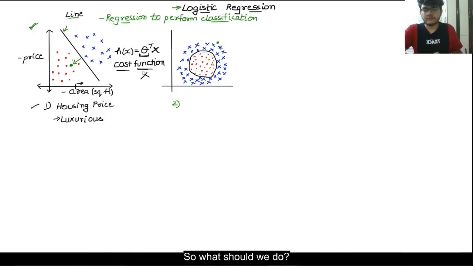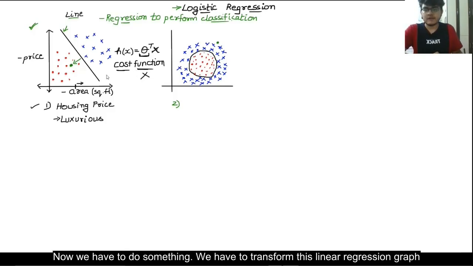So what should we do? We have to transform this whole linear regression graph into a graph such that we will be able to do two important things. I'm going to mark these two important things here.